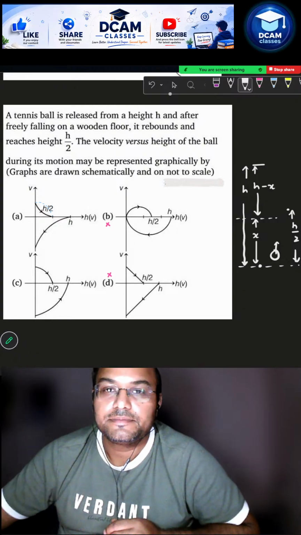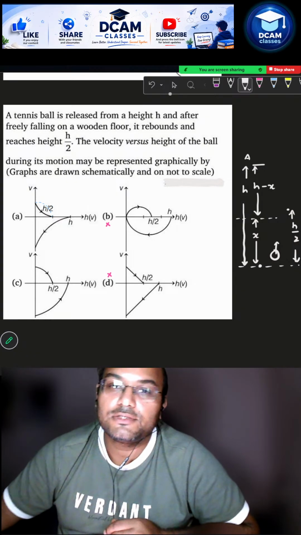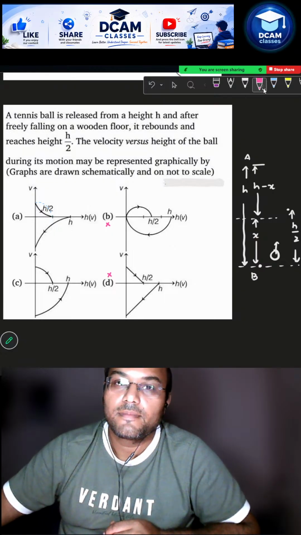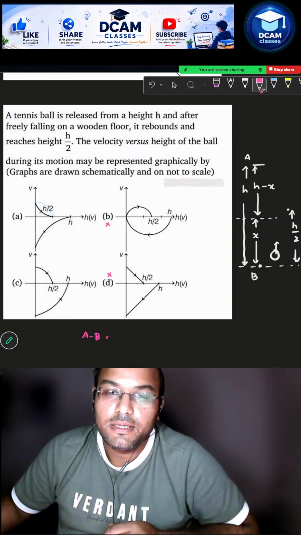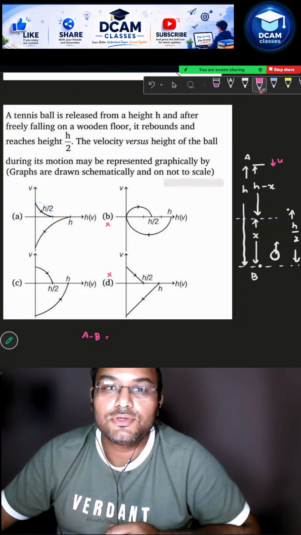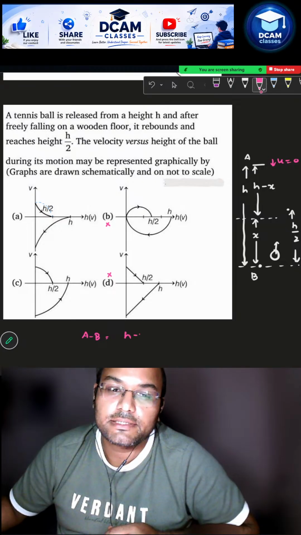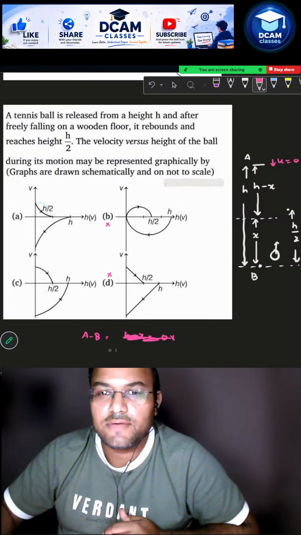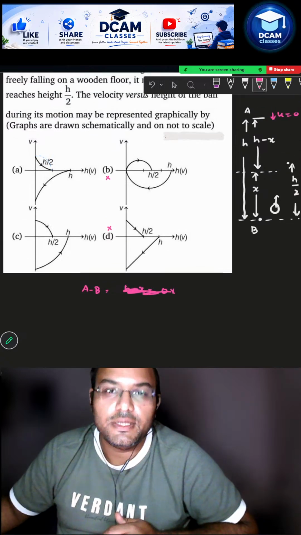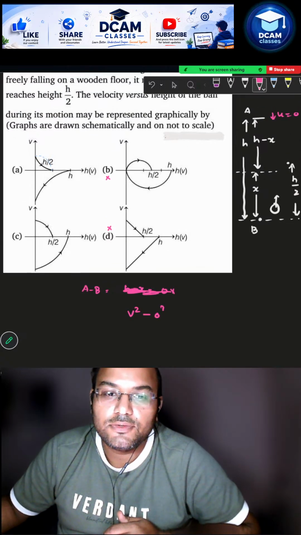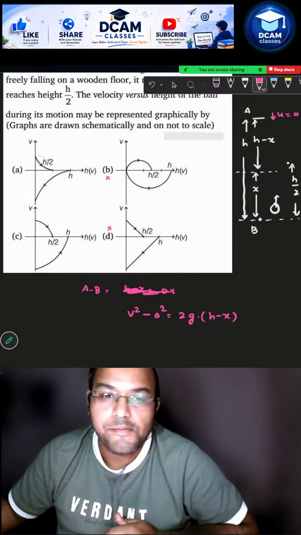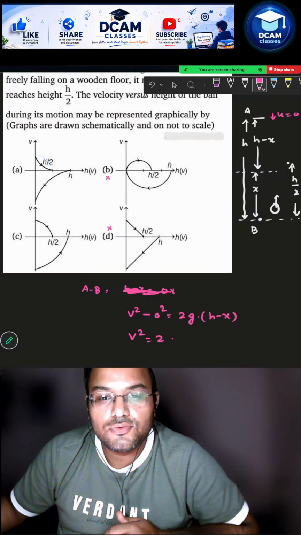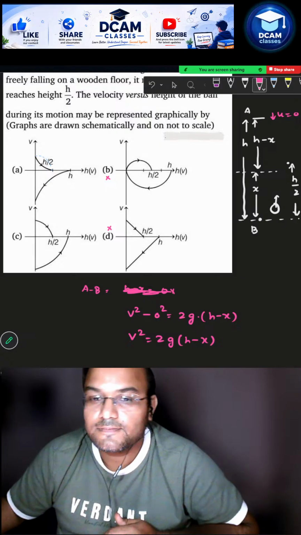So in the initial motion from when it was dropped from A to B, u is 0, since it is released. The v versus h graph is required, so let us do v. V square minus 0 square is equal to 2 into g into h minus x. So we are getting v square is equal to 2g into h minus x. Correct?